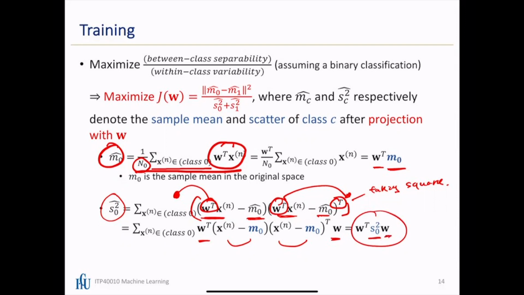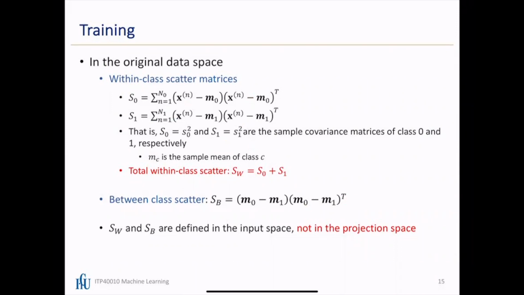It may take some time to follow, so you have to review the content to understand. I'm trying to explain the high-level motivation and mechanism of the derivation process. We are talking about two quantities. One is the within-class scatter, or within-class variance, which we want to minimize. We also talk about the between-class scatter, which we want to maximize.